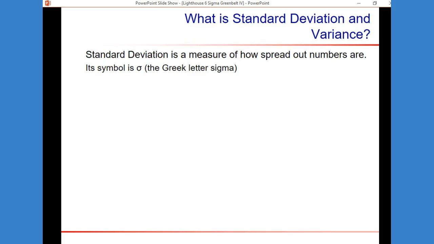So good old standard deviation. This one's hard to describe, but a standard deviation is just another measure of how spread out your numbers are. So again, you can have range spread out and the numbers are kind of up and down, but it kind of gives you an idea about how far it's spread out.